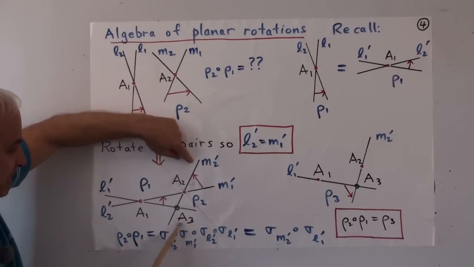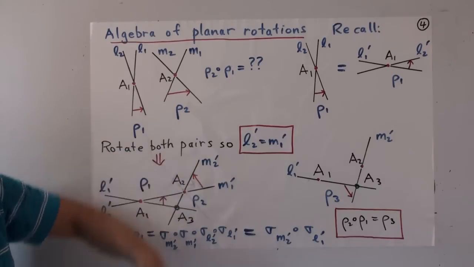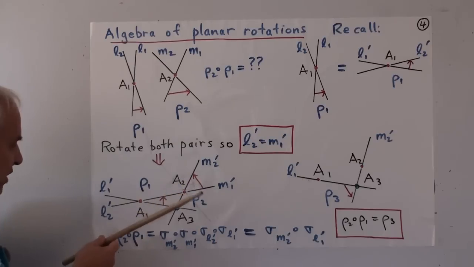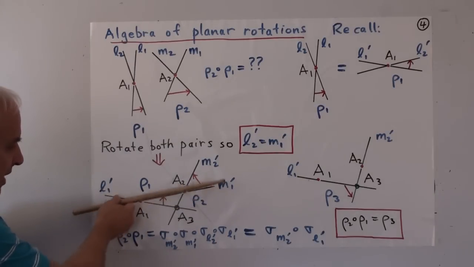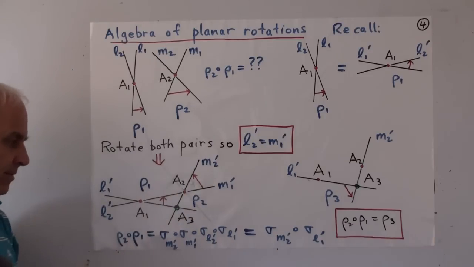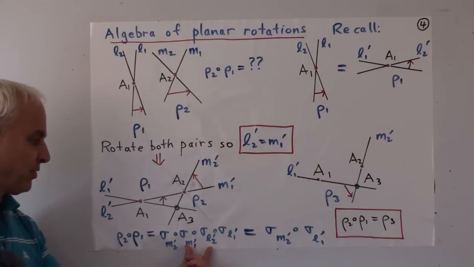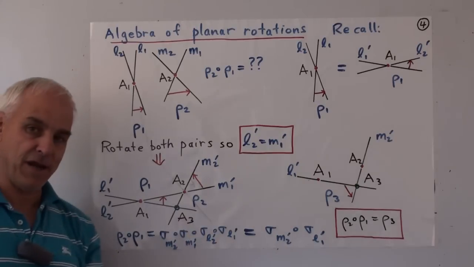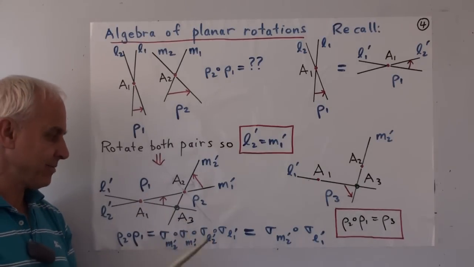So with this composition business, we sort of read from right to left. So the composition is reflection first in this one, and then in this one, and then in this one, and then in this one. And because these two lines are the same, we've arranged that, it means these two reflections in here cancel.